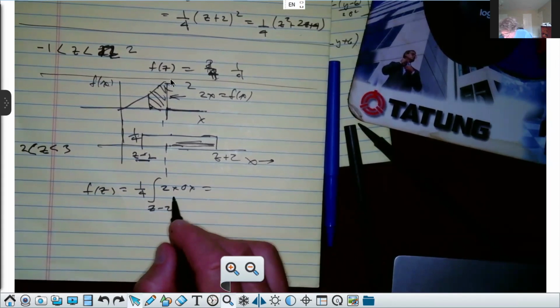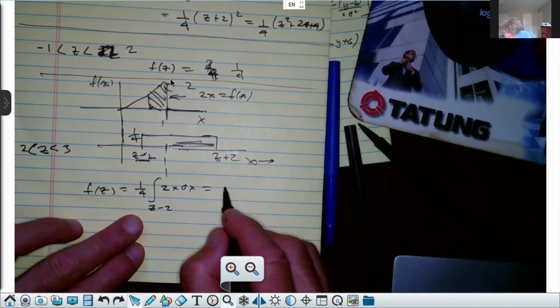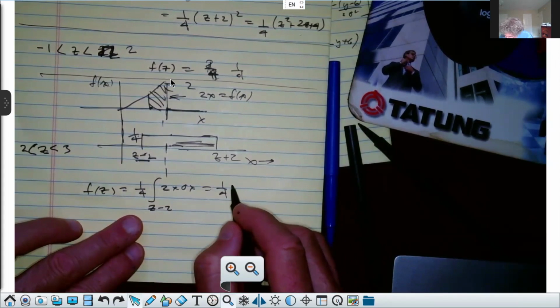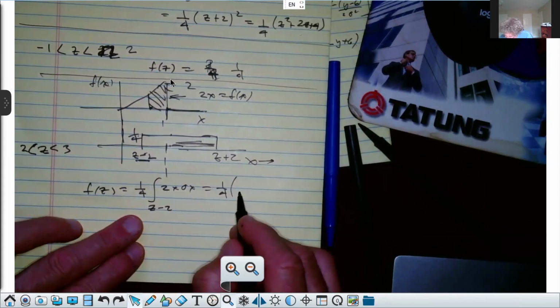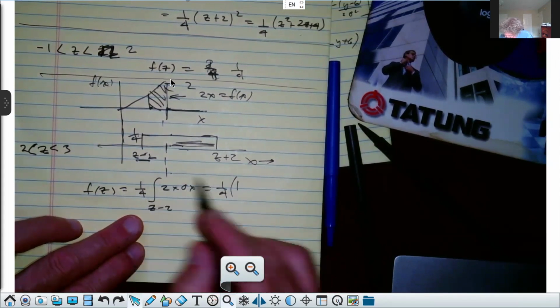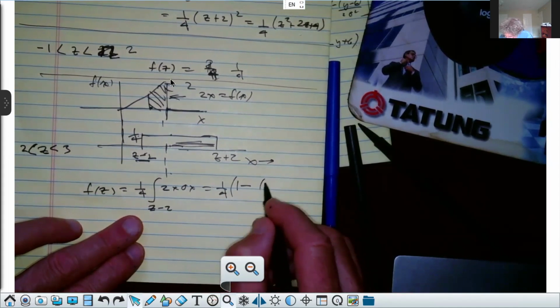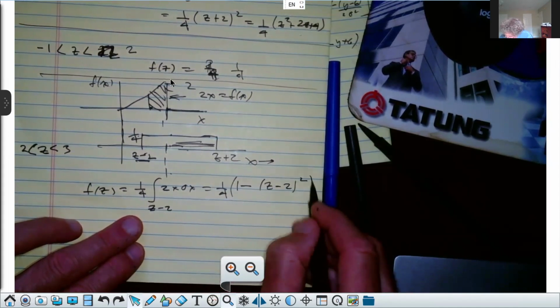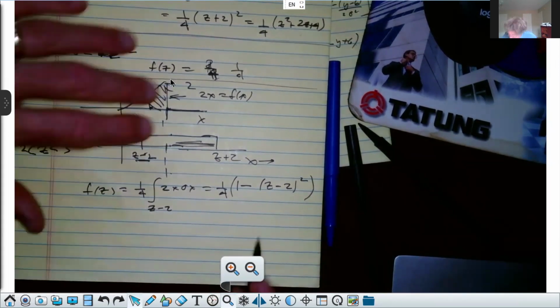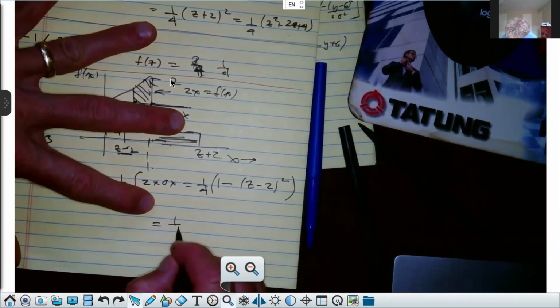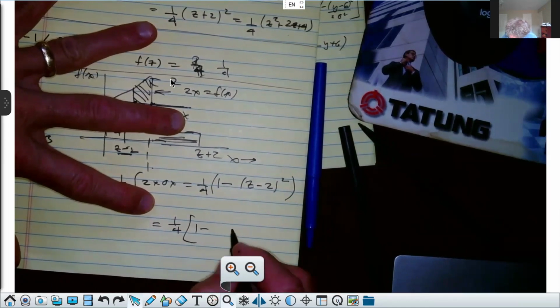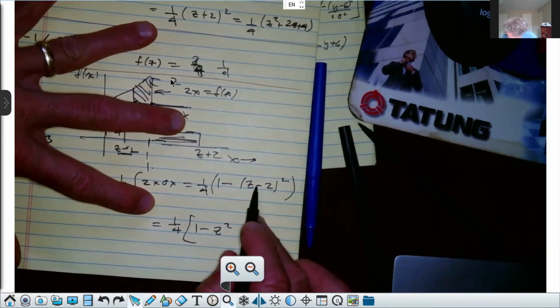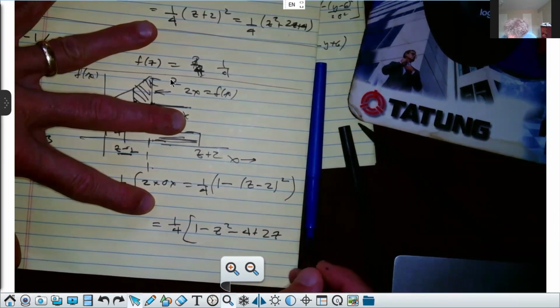I get 1/2, then I integrate this, so I get x squared over 2, so I get really 1/4. And then I have to evaluate x squared at 1. Well, x squared at 1 is 1, and then it's minus the quantity z minus 2 squared. Now, we'll do that in a second. What is this going to be? Well, that's simply 1/4 times 1 minus z squared, then you have minus 2 squared, it's 4, so it's minus 4, and then plus 4z.